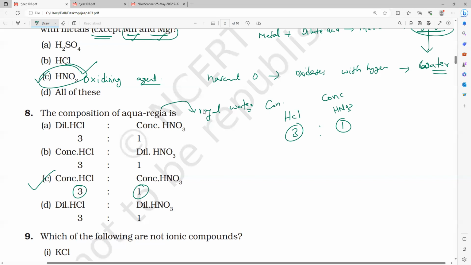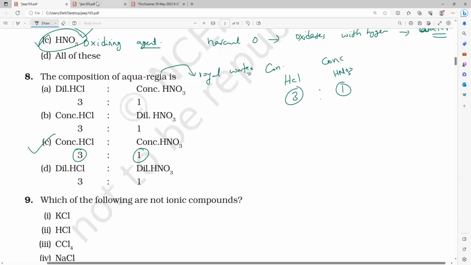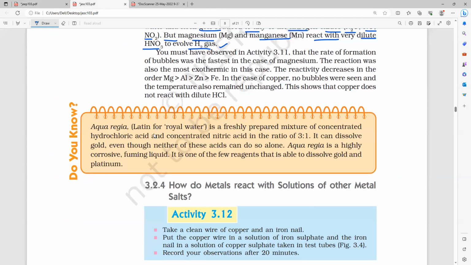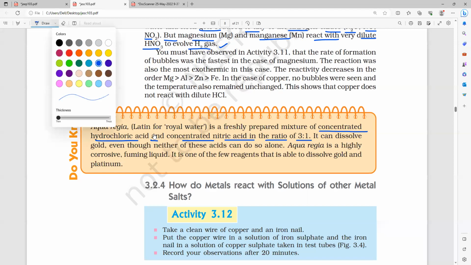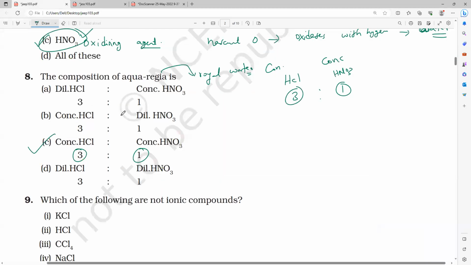Option C. Aqua regia is concentrated hydrochloric acid and concentrated nitric acid in the ratio of 3:1. Sometimes they'll ask nitric acid and concentrated hydrochloric acid as 1:3. Always 3 is for hydrochloric acid, 1 is for nitric acid. That is what you have to remember.